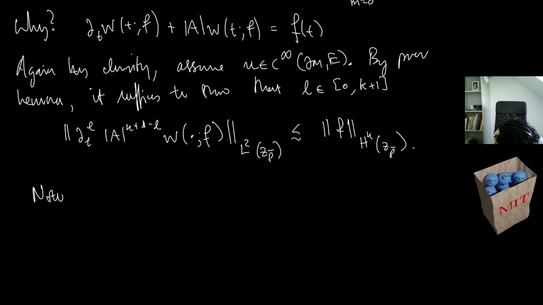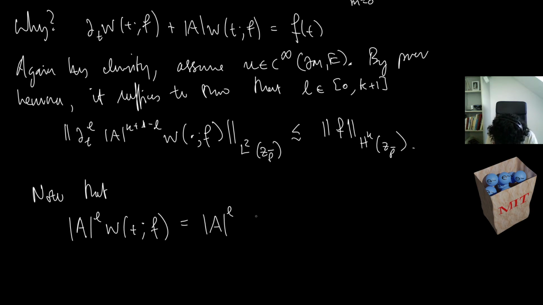Note that A to the L of W T F is equal to A to the L of the integral 0 to rho of e to the minus t minus s modulus A of f of s ds.